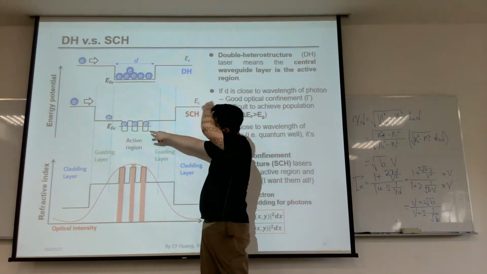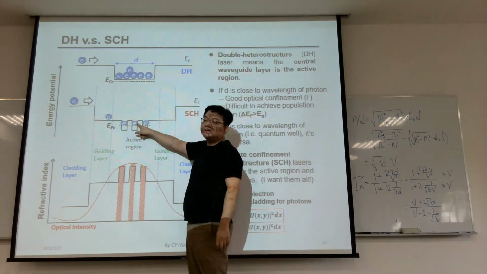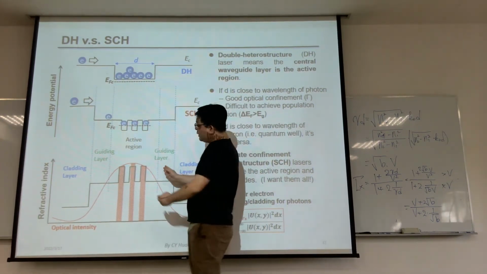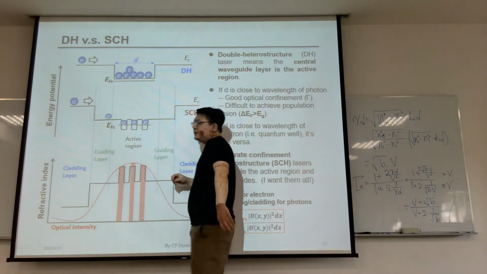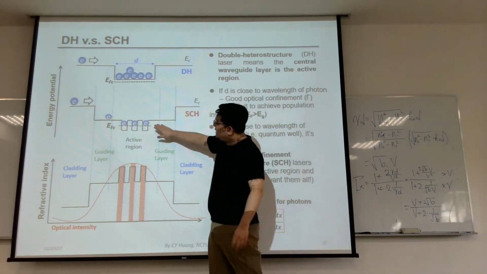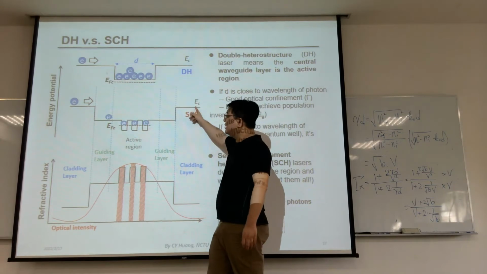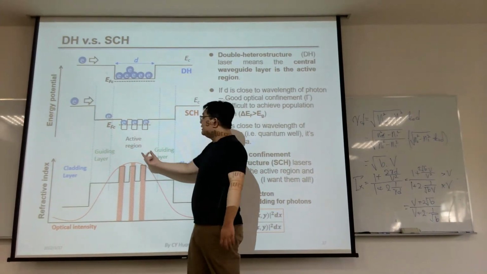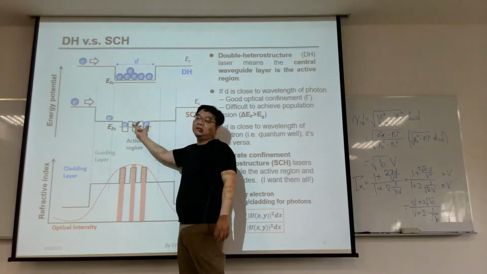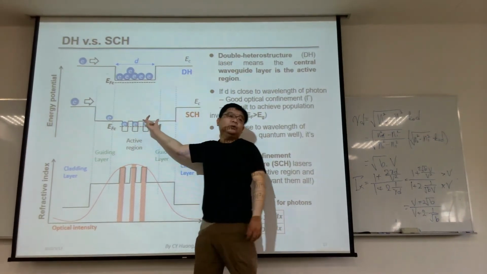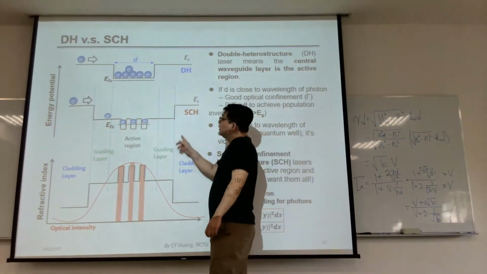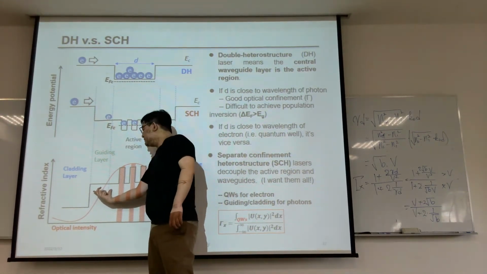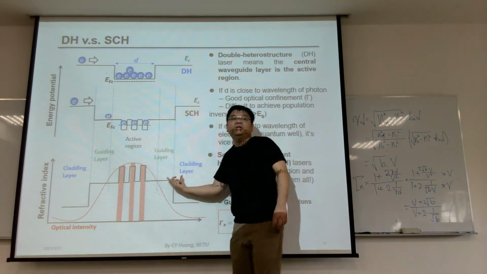The active region has the lowest energy. The guiding layer, the one wider than the active region, has a larger energy. So your electrons and holes will be concentrated in the quantum well, which emits light. But we add another layer, this guiding layer, which doesn't appear in an LED.